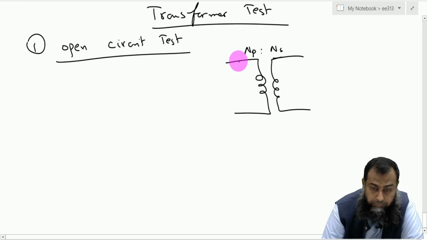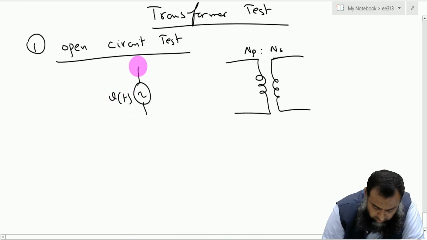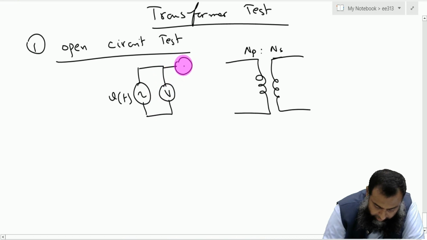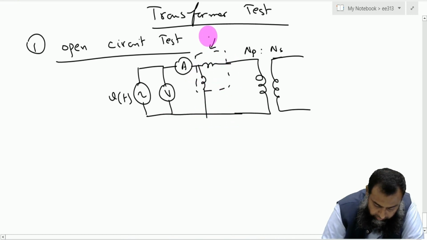But first of all, let us excite this through some voltage source Vt. I am also measuring the voltage V here, the current in ampere, and also through a wattmeter I am measuring the power here. So this is the wattmeter here, right?